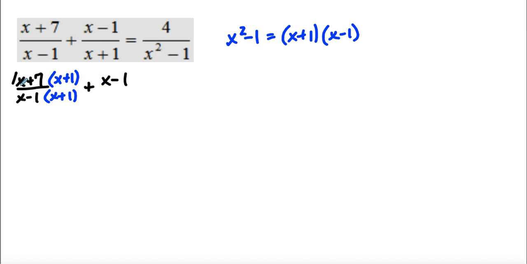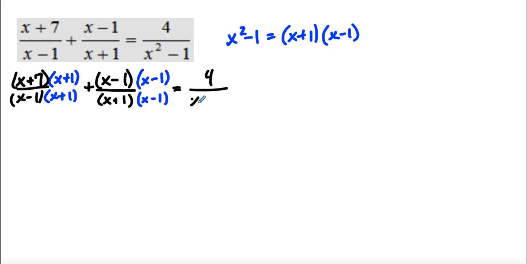Now let's put these in parentheses just for good measure, because we're going to multiply them out in a minute. Now this one is missing x minus 1, so I'm going to put that here. Now I'm almost done. I got 4 over x squared minus 1.